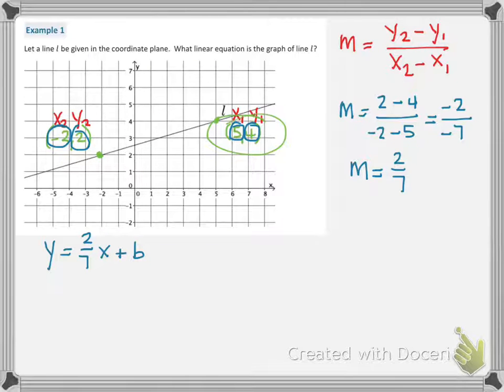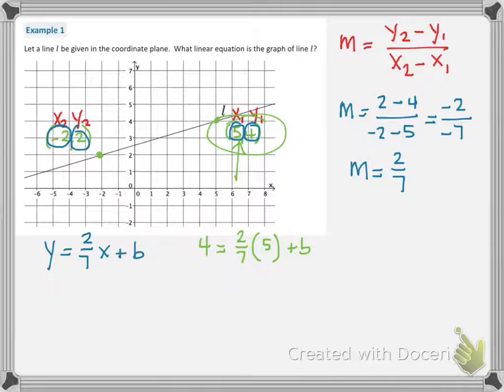So if I take that ordered pair, I could say that x is 5 and y is 4. So instead of y, I could substitute a 4 for y, is equal to 2/7 times x. Well, x is 5, and then plus b. And then I can just simplify and solve for b.